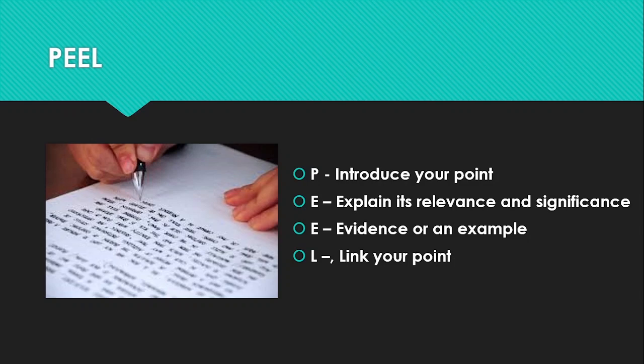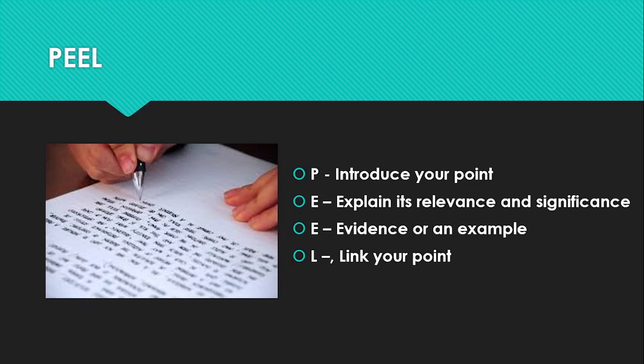And your second E, provide evidence or an example, which actually can also be evidence of something, to support your explanation. And L, end your paragraph by again linking your point to the question you are answering and/or the argument you are developing, as well as to other points, maybe to the next paragraph.